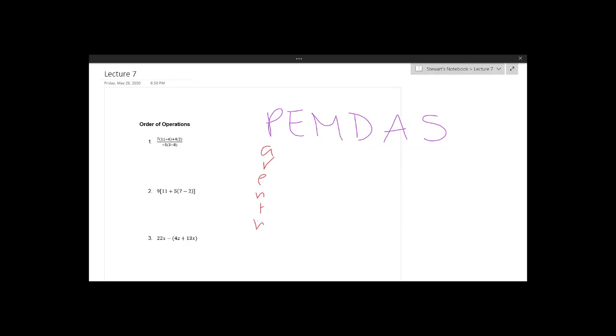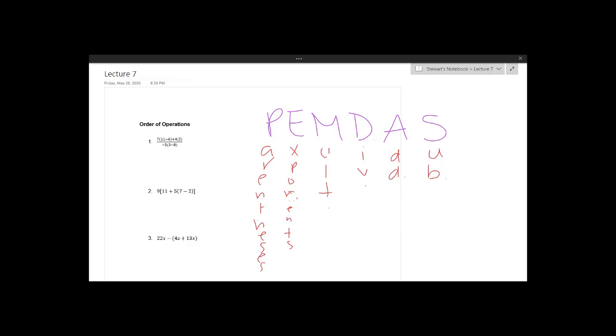parentheses, exponents, multiplication, division, addition, subtraction.